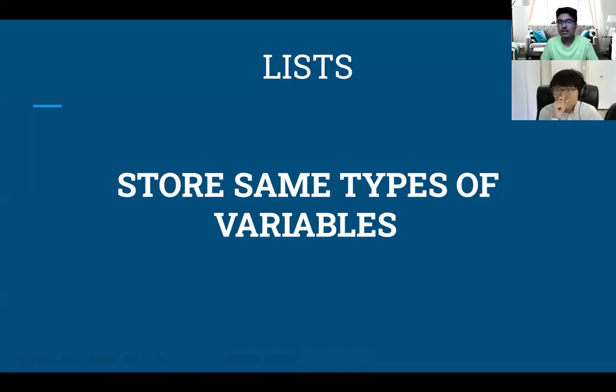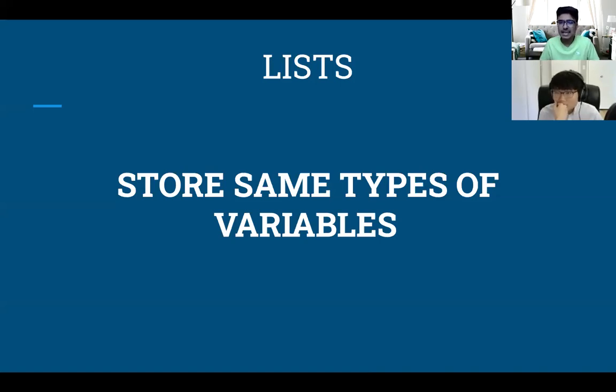So say you have a list called classmates names. That list is going to have multiple string values of your friends and classmates' names in it.